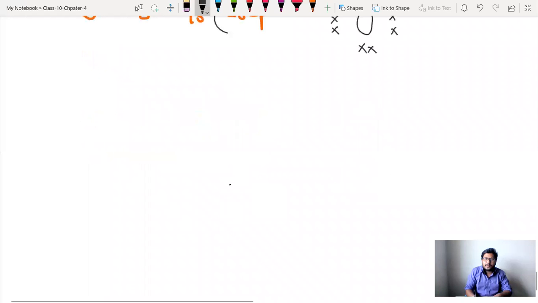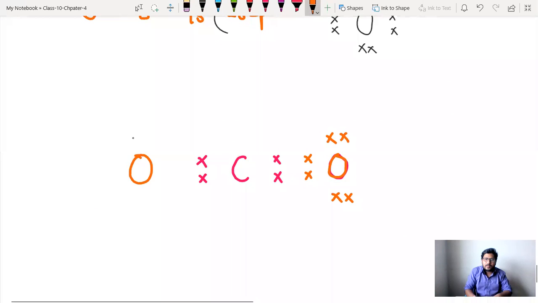Now what will happen, you know? There will be carbon with 1, 2, 3, 4 valence electrons. There is oxygen with 1, 2, 3, 4, 5, 6 electrons. There is another oxygen with 1, 2, 3, 4, 5, 6 electrons.